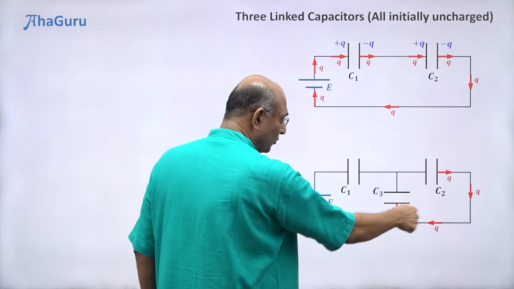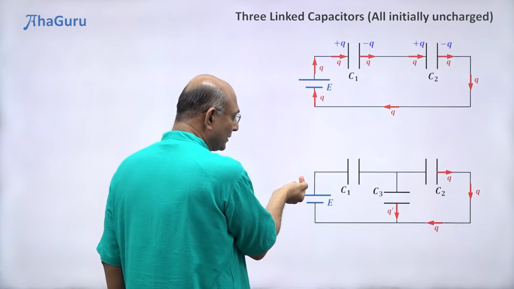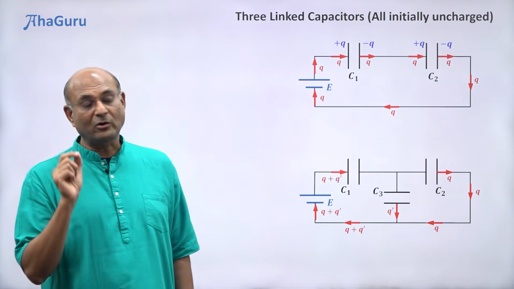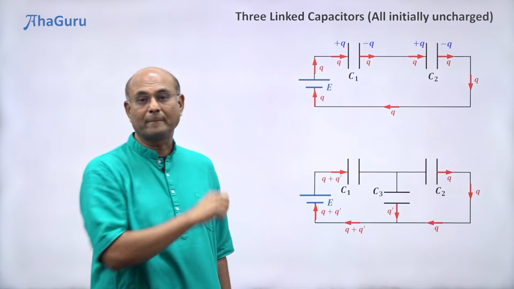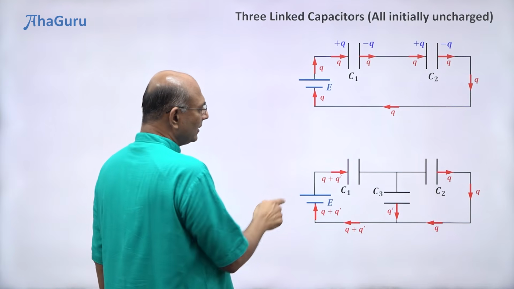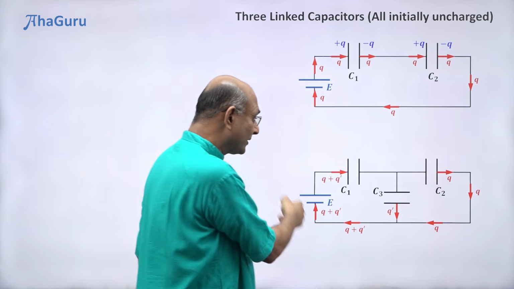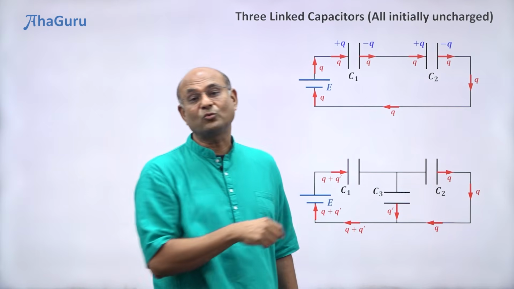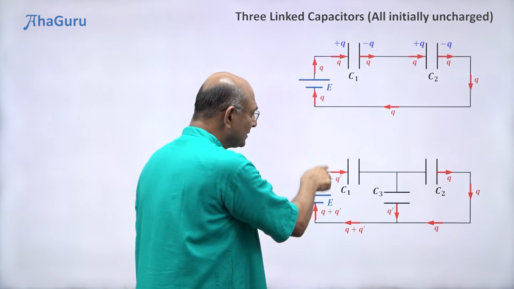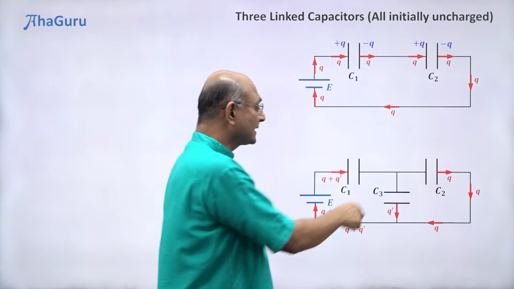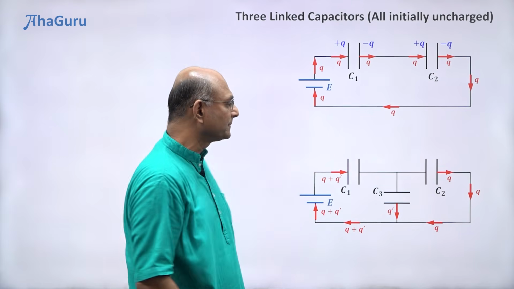These two charges, Q plus Q dash, are going to go through the battery and get deposited on this plate of C1. Now, because this charge is Q plus Q dash, clearly you can see it is connected to these two capacitors, right?